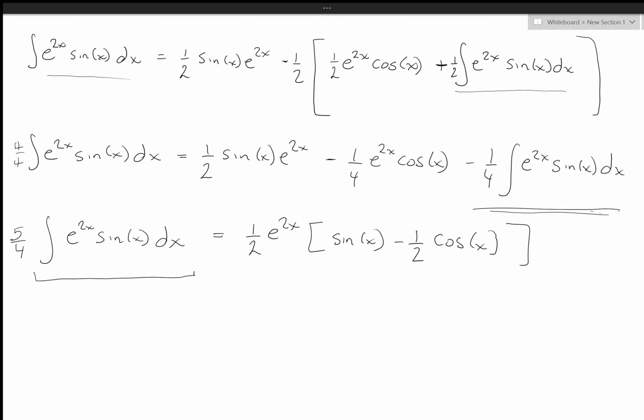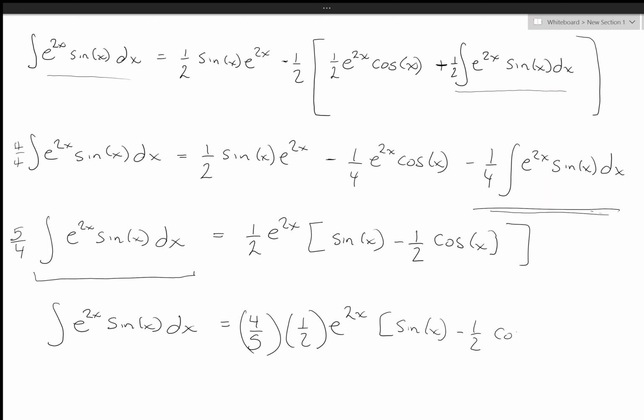If I multiply the left-hand side by 4/5, I've got to do the same thing here: 4/5 times 1/2 e to the 2x, sine x minus 1/2 cos x.